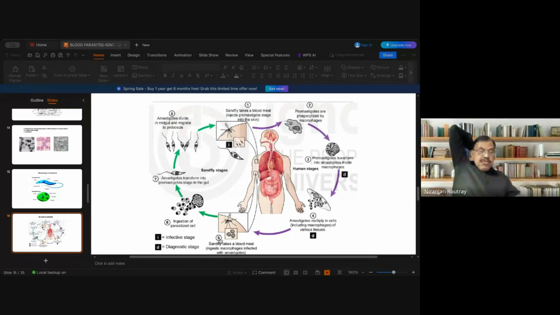The sandfly associated microbiota play a symbiotic role. Symbiotic means there is a close association between the sandfly and the microbiota in their midgut.